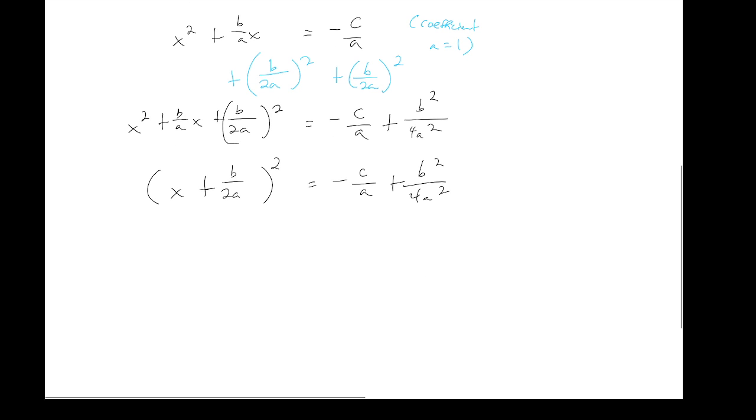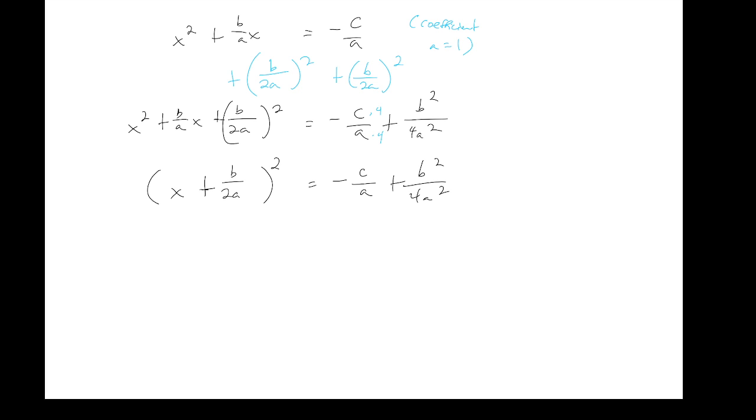All right, next step is I need to combine some terms here. I've got two fractions. Let's add these fractions. In order to do that, I need to rewrite this one. I'm going to multiply top and bottom by 4, in fact, I'm going to do that on this one up here so that I have common denominators.